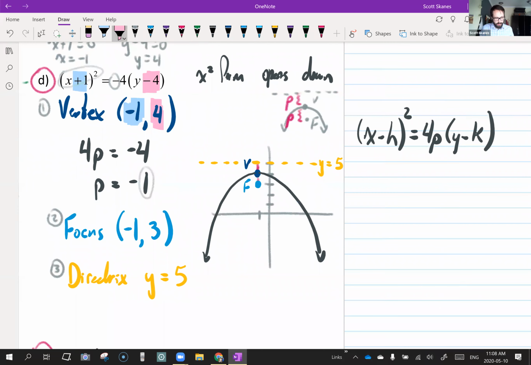You'll notice that in our standard form, whatever's in front of this linear part is 4p. So whatever that number is, we call it 4p. In this case, we know it's -4, so 4p must equal -4. That's our number. Any other questions? These are all good questions.